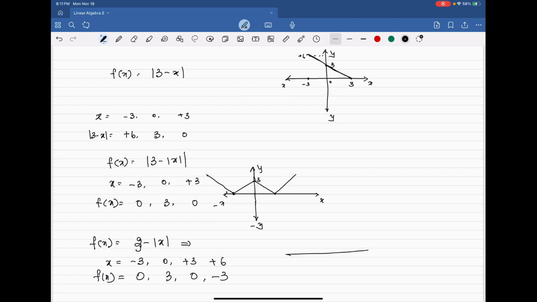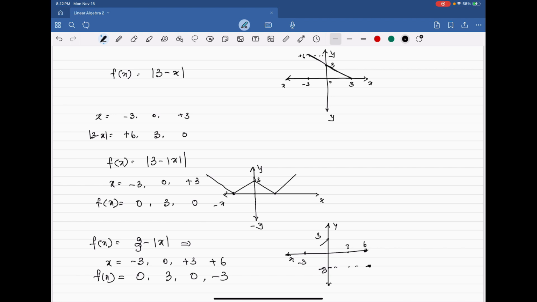How will the graph be? This is a typical graph. Please try to understand the difference between the previous one and this one. x is equal to minus 3, y is equal to 0, x is equal to 0, y is equal to 3, x is equal to plus 3, y is equal to 0. When x is equal to plus 6, y is equal to minus 3.